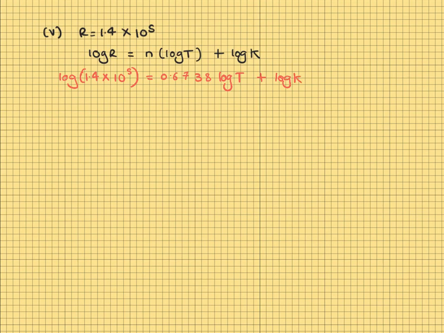So we're going to rearrange this by subtracting log k first of all. So this gives me minus 0.1218, etc. equals 0.6738 log t. Let's divide by 0.6738.